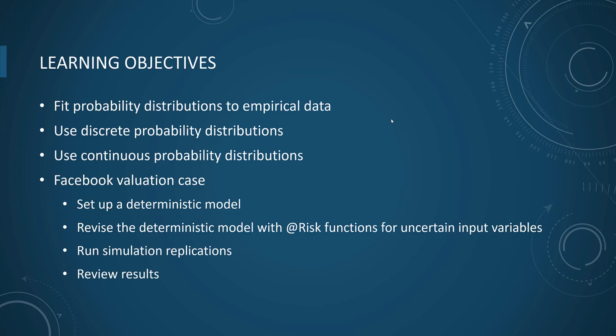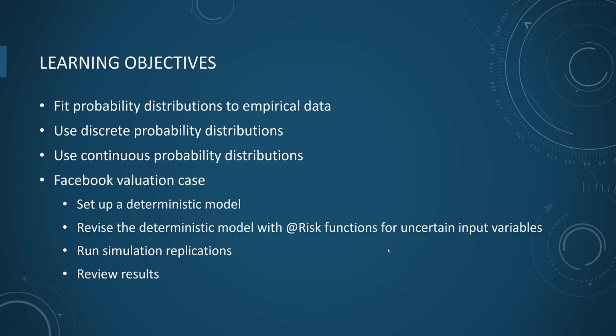We will make some assumptions about those costs, and then we will use an expected net present value for valuation. Once the deterministic model is set up, we will revise the model with @RISK functions for uncertain input variables.